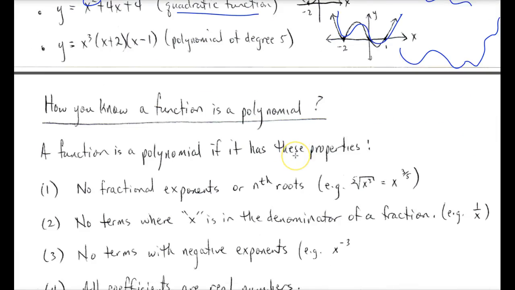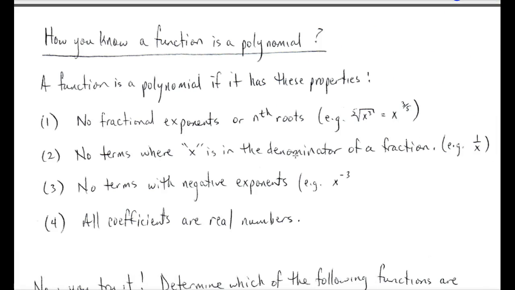So we'll go ahead and move up here, and we'll see, how do you know a function is a polynomial? Well, there's 4 things that I try to identify. The first thing is we can have no fractional exponents or nth roots in any of the terms of our function. So in the example that I have here, this says the 5th root of x cubed, or x raised to 3/5. So here, this is the fractional exponent.